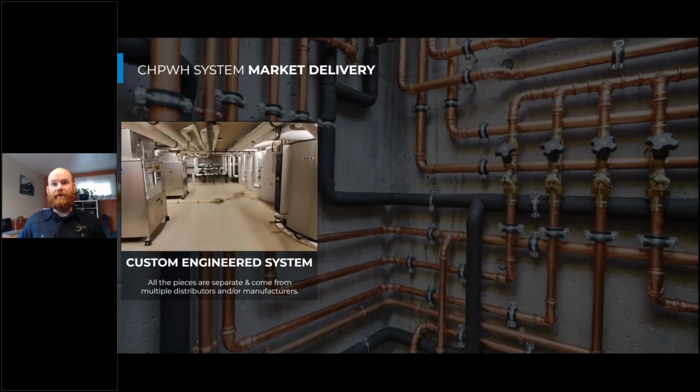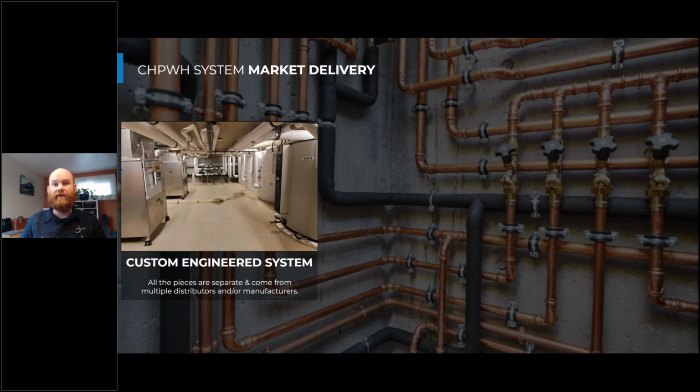And there's a variety of ways that these heat pump water heating systems are delivered to the market. I am a woodworker when I'm not being an engineer, so I'll use my woodworking example here. The custom engineered system is going down to the lumber yard, picking out your rough sawn lumber, taking it back, jointing it, putting a flat edge on it, ripping it on your table saw, planing it down, and making a beautiful piece of custom furniture.